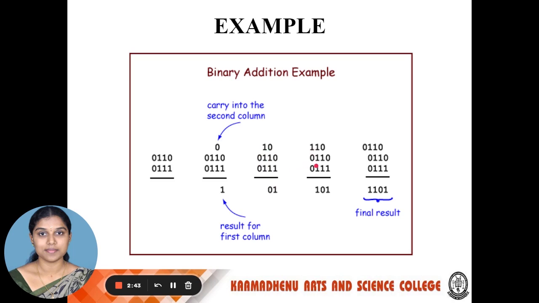Next, 1 plus 1 plus 1, the result will be 11, so we take 1 as the result and another 1 as the carryover. The last one, 1 plus 0 plus 0, means the result will be 1, and the carryover is 0. Don't consider this 0 as a result, because there is only a carryover. So the final result is 1101.